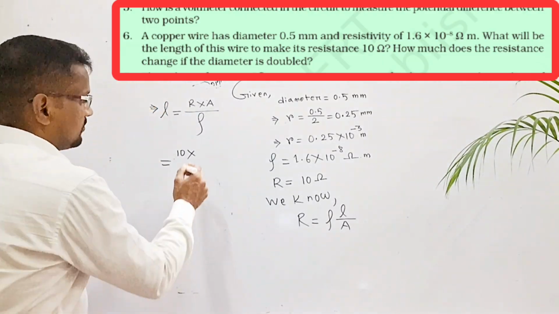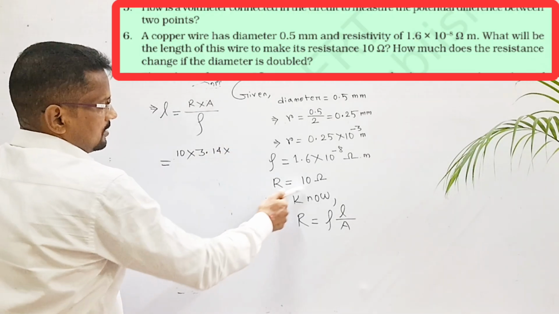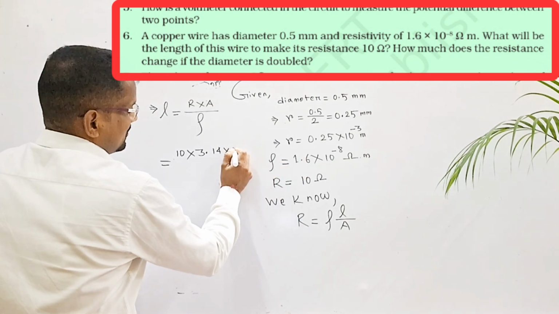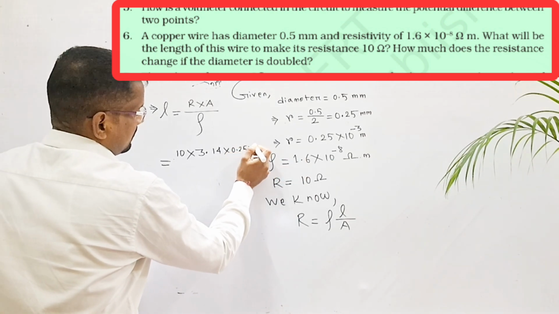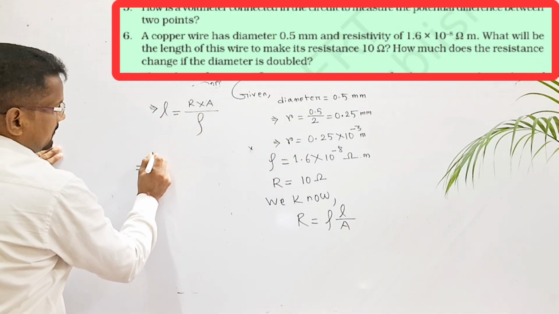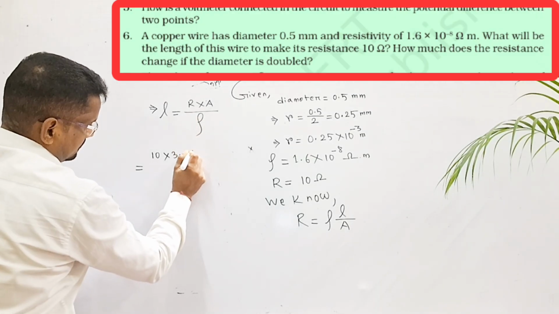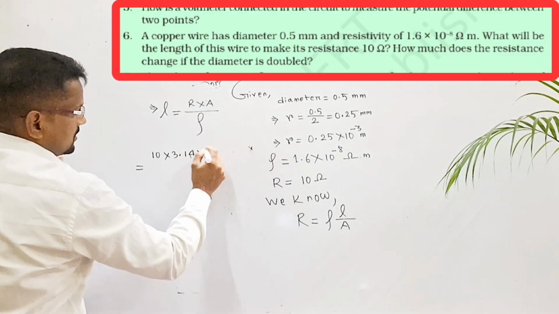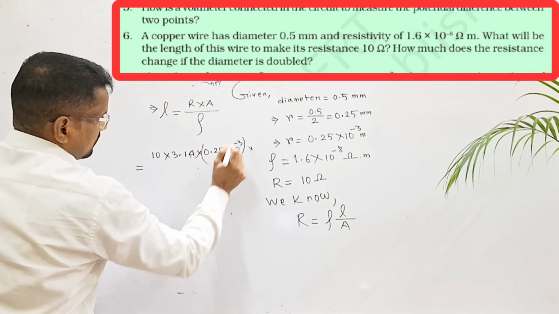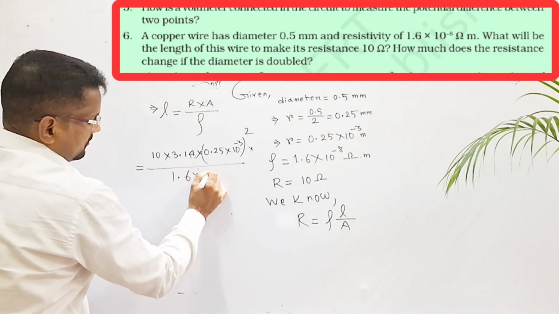Pi you take as 3.14. So L is 10 into 3.14 into r square, where r is 0.25 into 10 to the power -3, whole square, divided by resistivity 1.6 into 10 to the power -8.